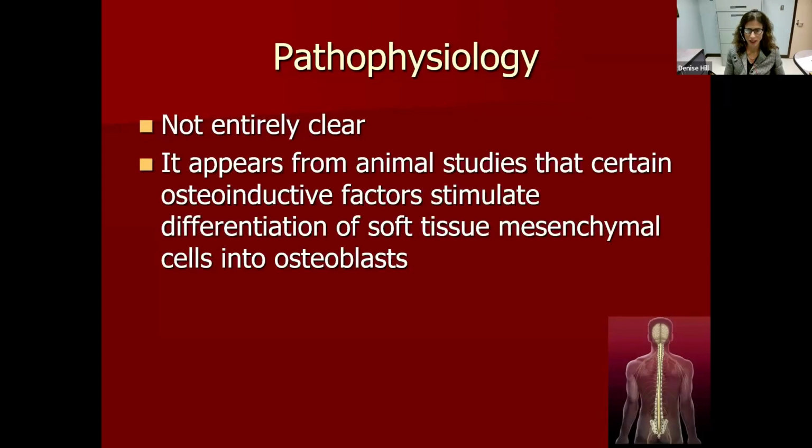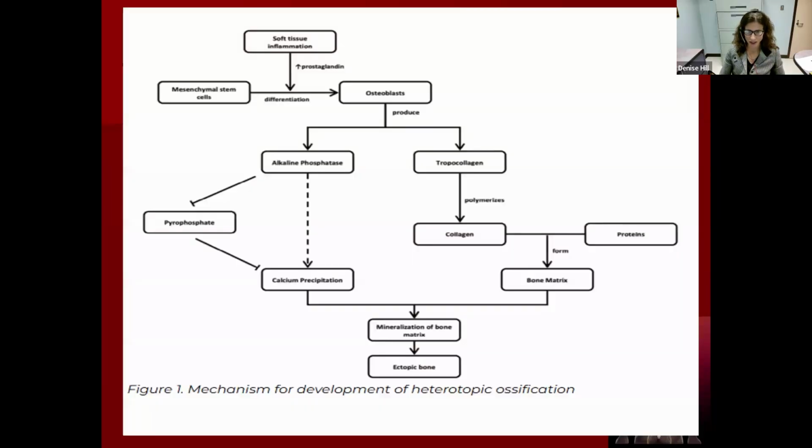Well, not entirely clear, but there are osteoinductive factors that stimulate differentiation of typical soft tissue mesenchymal cells, unfortunately, into osteoblasts. Beautiful chart for you to review later. The mesenchymal cells differentiate and become osteoblasts. Then there's alk-phos, which goes up; you can see that in your labs.